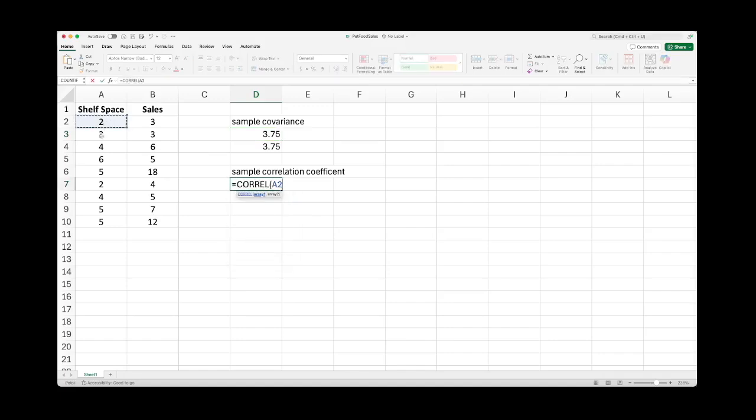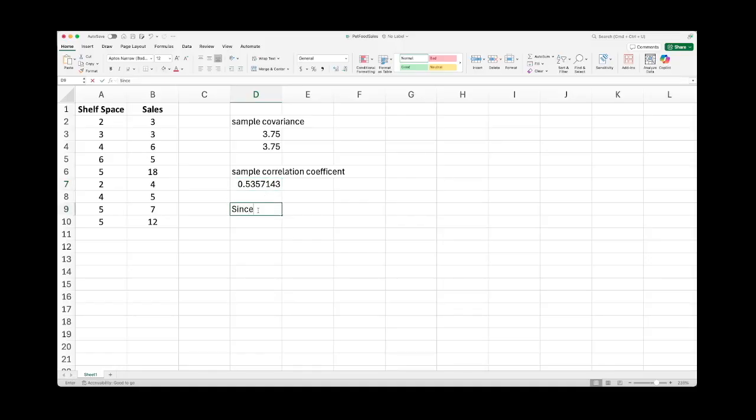So if I do correl and put one column and then the other, okay, so this is also positive, which is good. It matches with the sample covariance being positive, but this isn't particularly close to 1. So this is about 0.54. It's kind of halfway between 0 and 1.